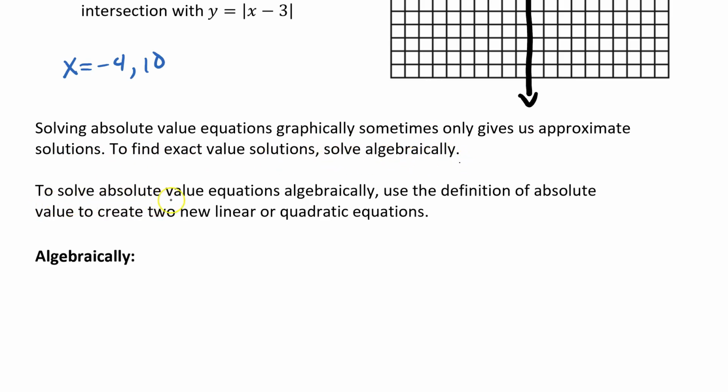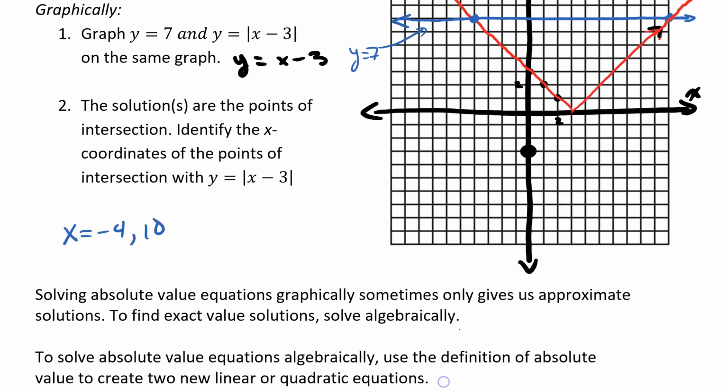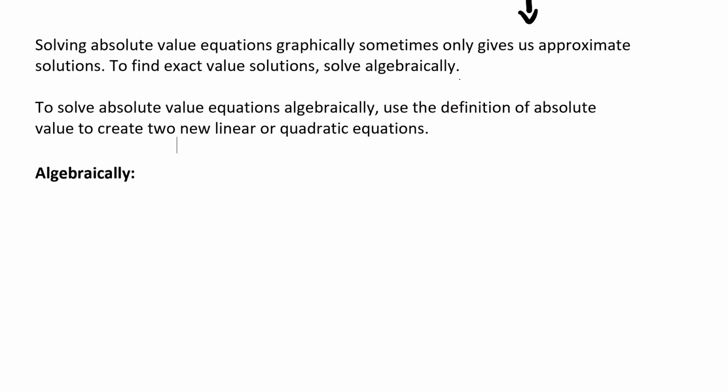To solve absolute value equations algebraically, use the definition of an absolute value to create two linear or quadratic equations. So if I were just to write this down, the absolute value of x minus 3 equals 7. I need to take this in two chunks. I need to solve this for when this bracket right here becomes negative 7, because the absolute value of negative 7 is positive 7.